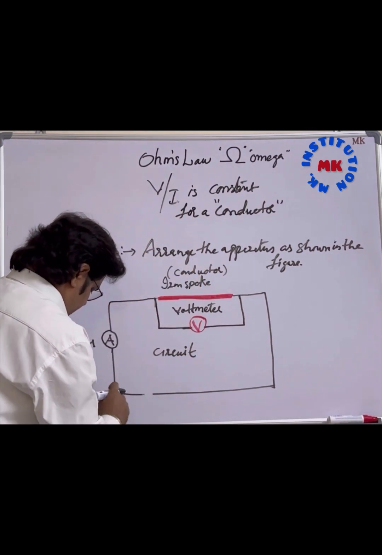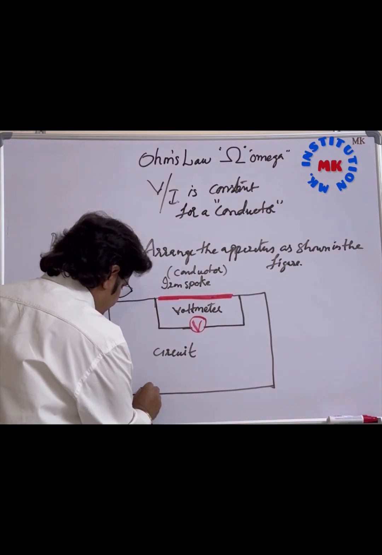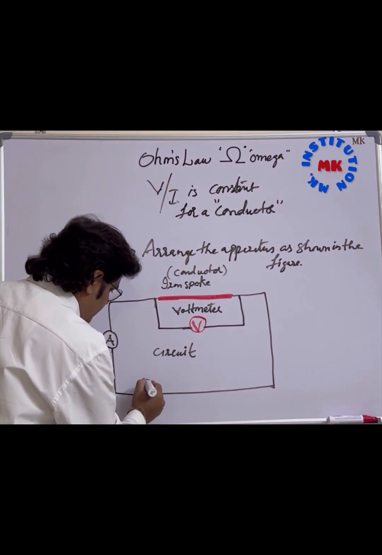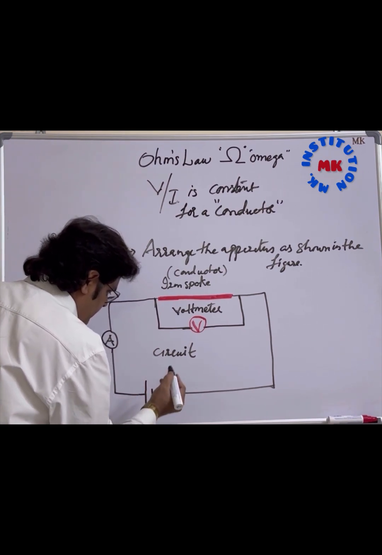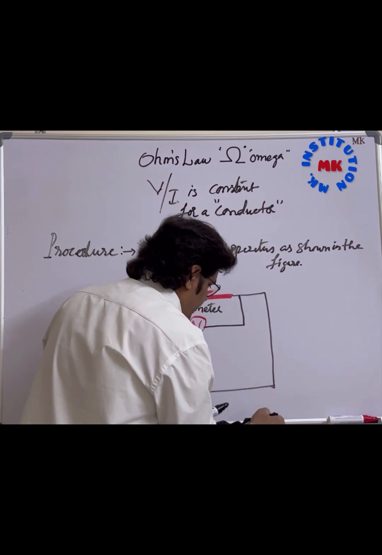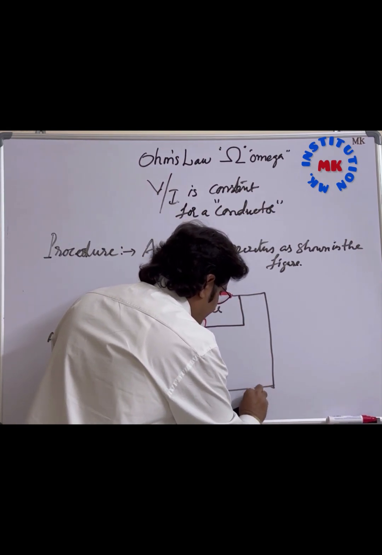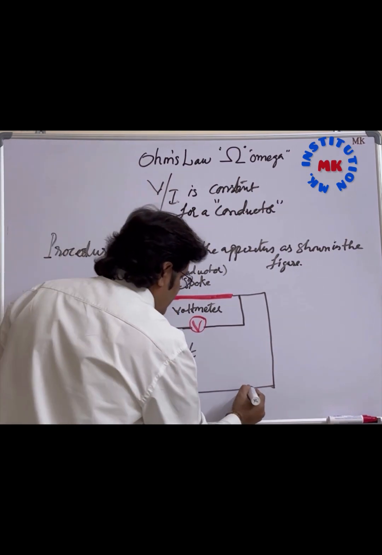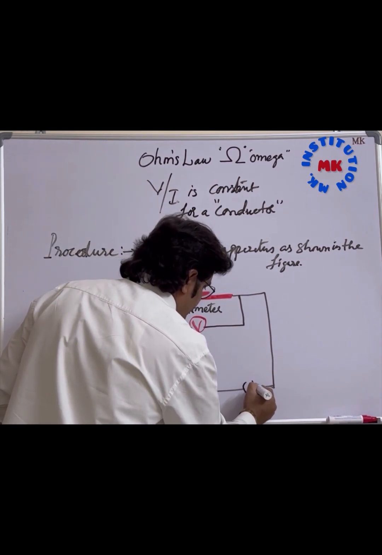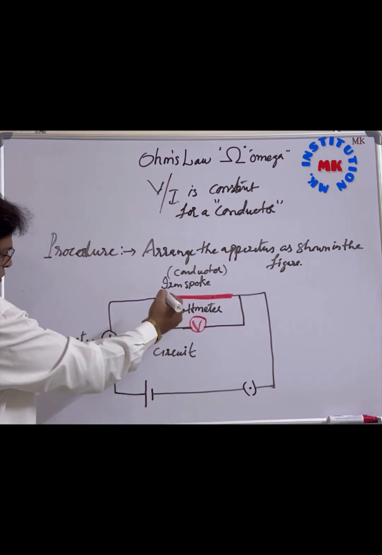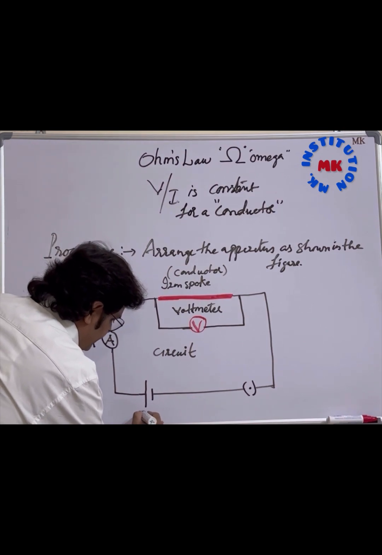Anyhow, we'll start with the battery. Here we kept the battery, and here the switch key. Ammeter, voltmeter, and this one is the battery.